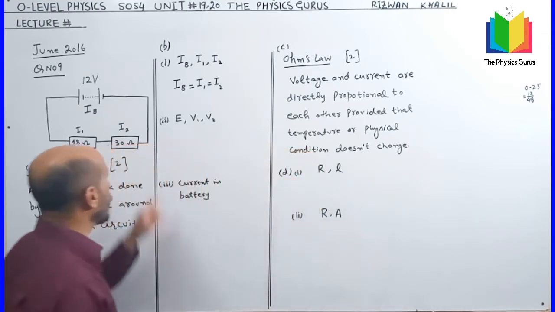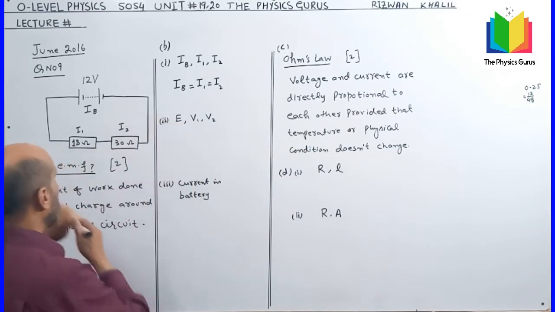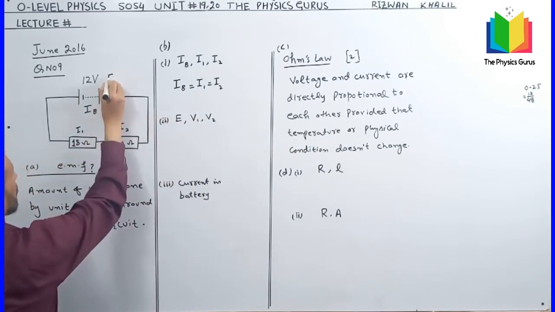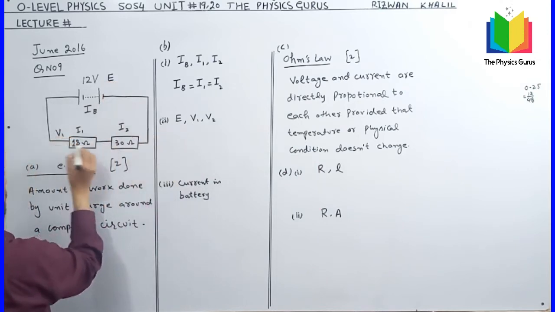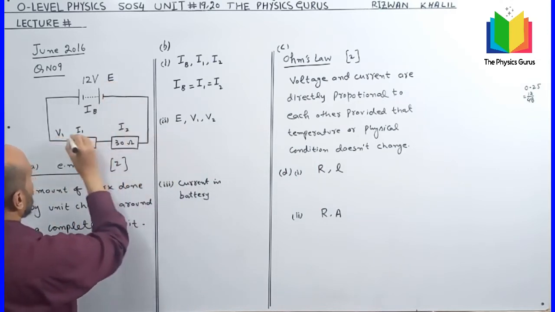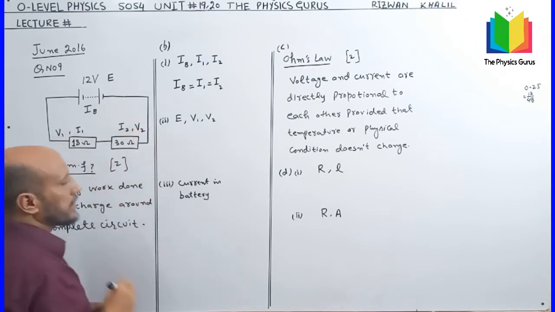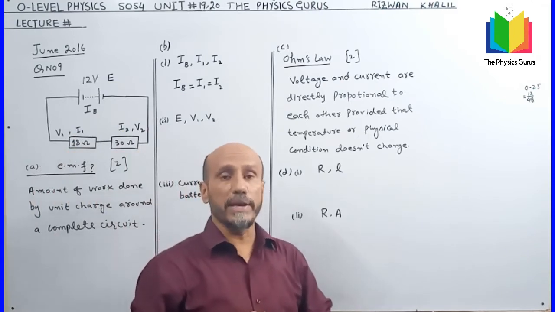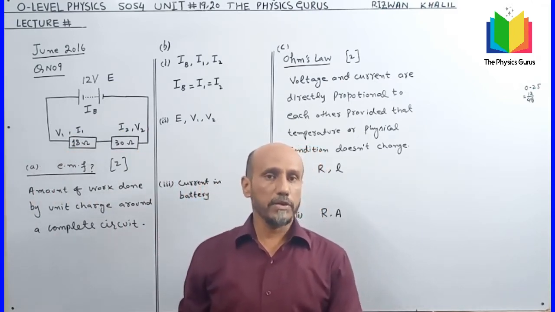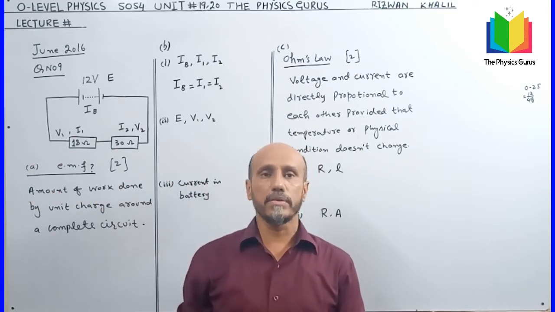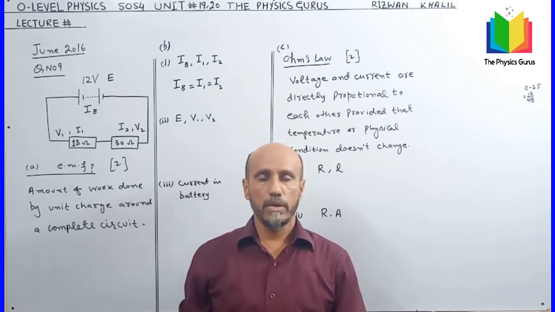Part 2. If capital E is the EMF of the battery, V1 is the voltage across the 18 ohm resistor, and V2 is the voltage across the 30 ohm resistor, then write the relation between the EMF of the battery E, the voltage across the 18 ohm resistor V1 and the 30 ohm resistor V2.